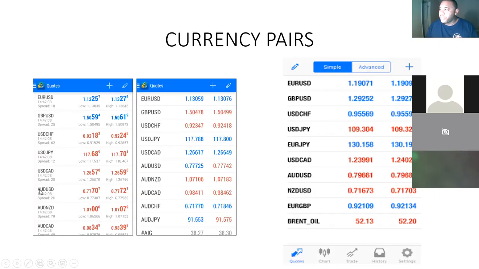So the Australian dollar, AUD, USD, NZD, New Zealand dollar, and so on and so forth. The euro, the Japanese yen, so on and so forth. Kind of straightforward right there with the currency pairs. They do have some nicknames, but for right now, you just need the very basic information.